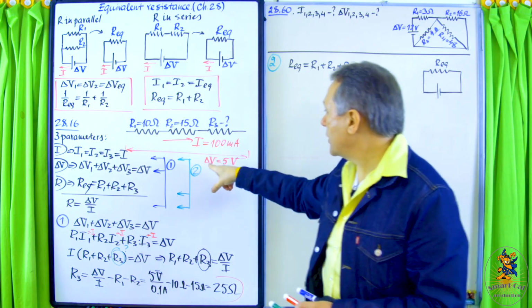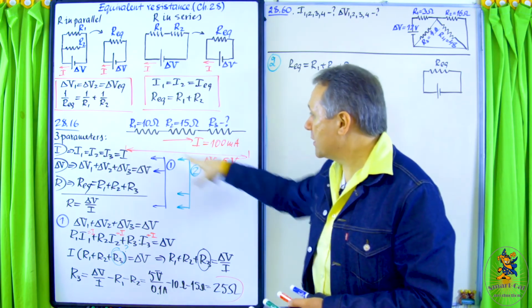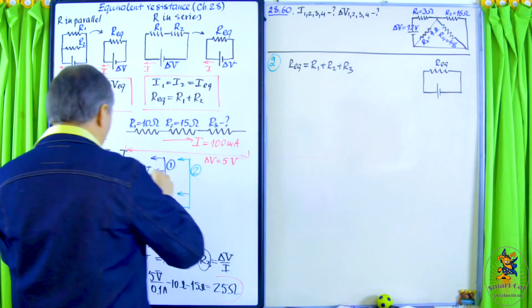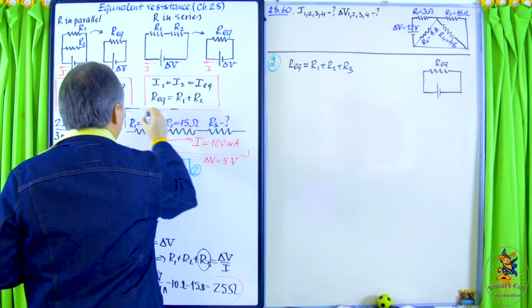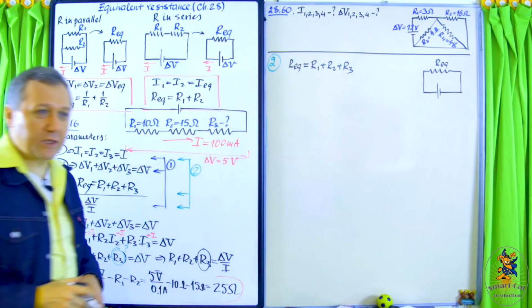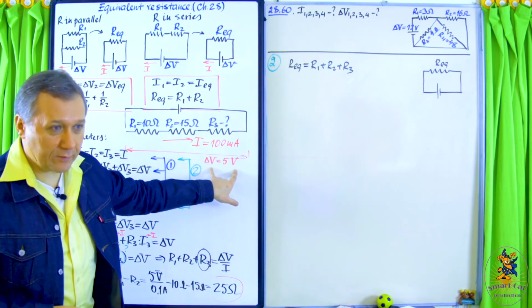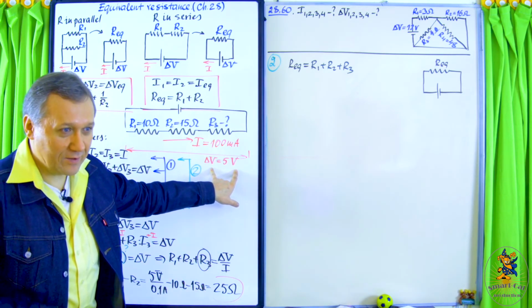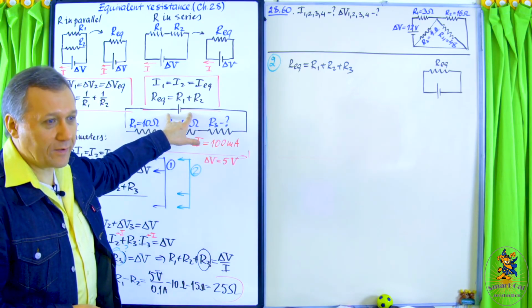So what about the potential difference? Potential difference is 5 volts. I can draw some kind of fake battery here. Of course, the battery is not given in the diagram, but I can easily add it. This potential difference is provided by something, let's say this 5 volts battery.